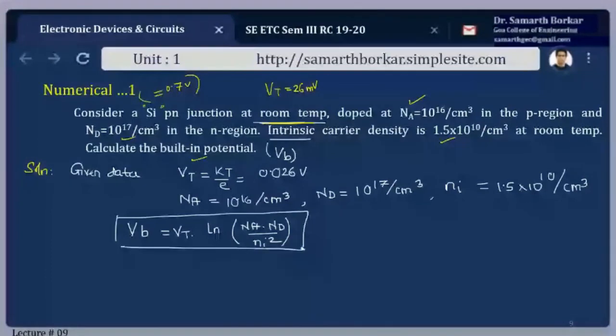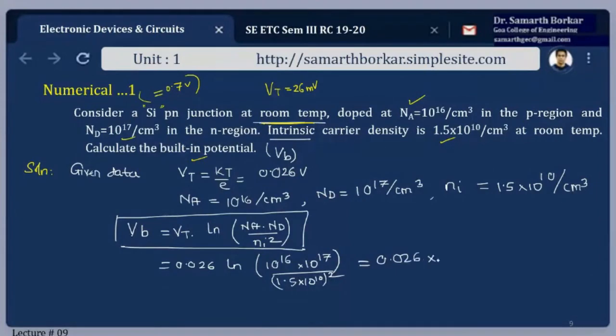So let me substitute the values. Vt is 0.026, natural log of 10 to the power 16 into 10 to the power 17, divided by (1.5 into 10 to the power 10) whole squared. So 0.026 into natural log of 10 to the power 33 divided by 1.5 squared, which is 2.25 into 10 to the power 20.